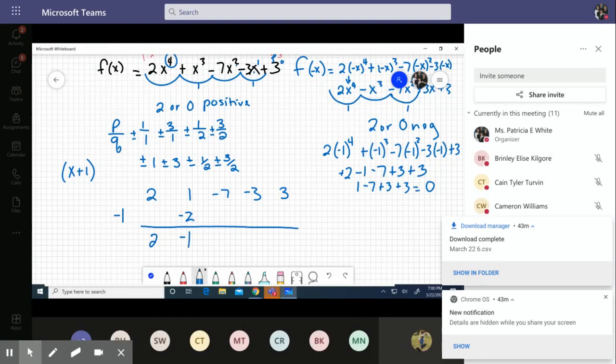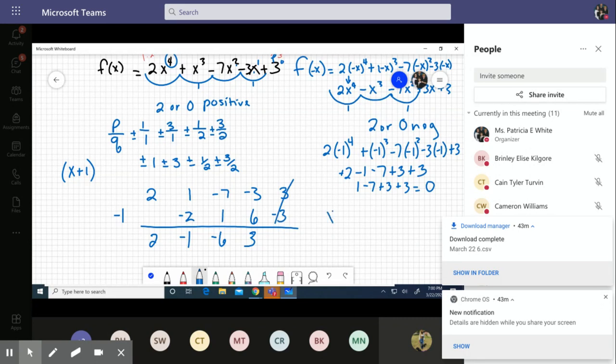Add, and I get negative 2. Negative 1 times negative 1, that's a positive 1. Add, and I get a negative 6. Negative 6 times negative 1, positive 6. Add, and I get a 3. 3 times negative 1 is negative 3, so I'm done.